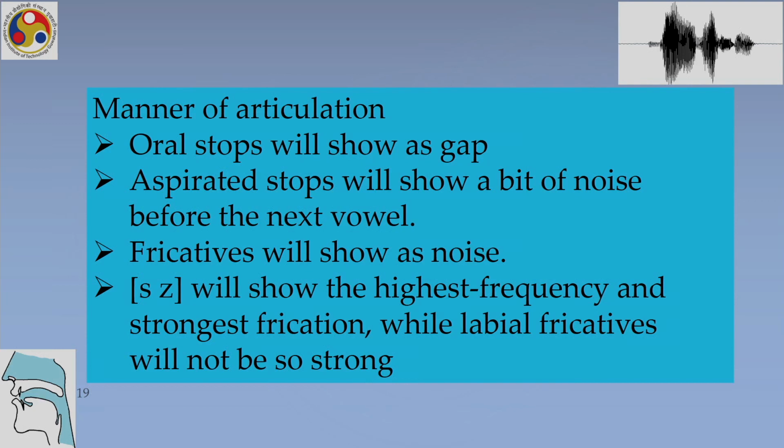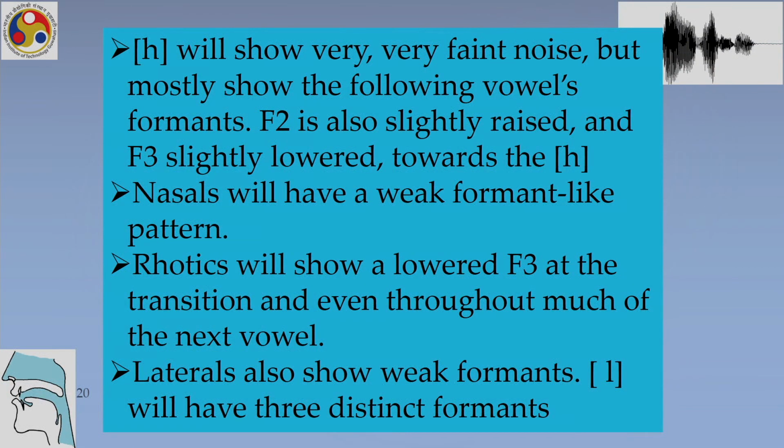Oral stops, period of silence. Fricatives will show a period of noise, and depending on the fricative, such as sh, you have the strongest noise, strongest frication, and that will determine the difference between two fricatives. Sh will be different from th. And then other consonants like h, for instance, will show very, very faint noise, but mostly show the following vowel's formants.